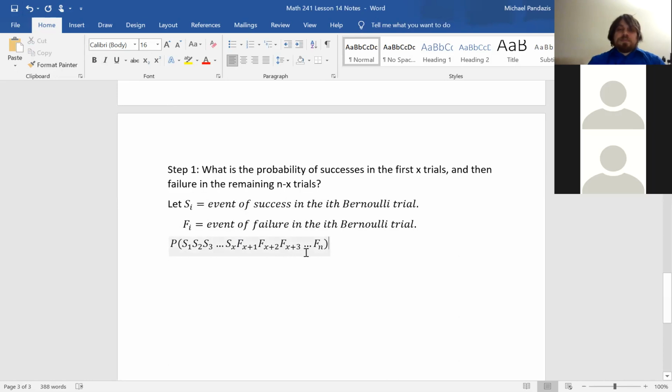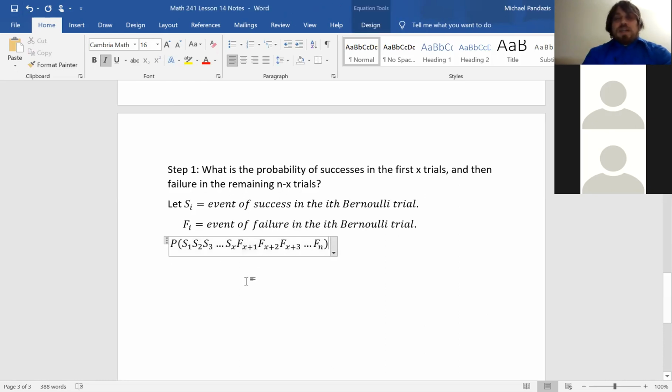Or you can think of it this way: you have n at the end, and you start at 1, and you're removing the first x. So if you have a total of n and you remove x, that's n minus x. That means there are n minus x of these. So this is the situation where you succeed in the first x and fail in the remaining n minus x trials. We want to find that probability.